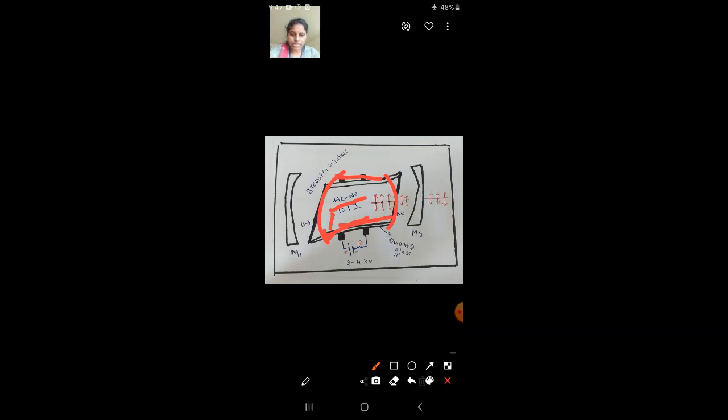Here we choose helium at a pressure of 10 mmHg and neon at a pressure of 1 mmHg. Or, for example, helium at a pressure of 1 mmHg and neon at a pressure of 0.01 mmHg.